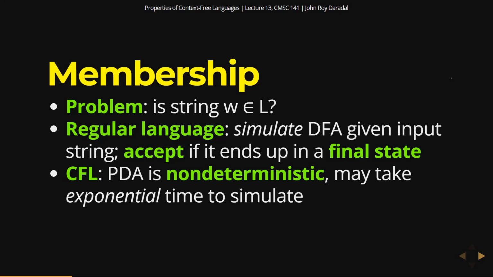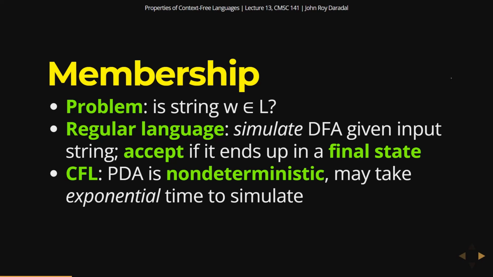It can go to many different transitions on a single setting. So there are options as to which transition you can go to, and because of that, it may take exponential time to simulate if we use the non-deterministic pushdown automata. That's why we cannot use this just like what we did in regular language.